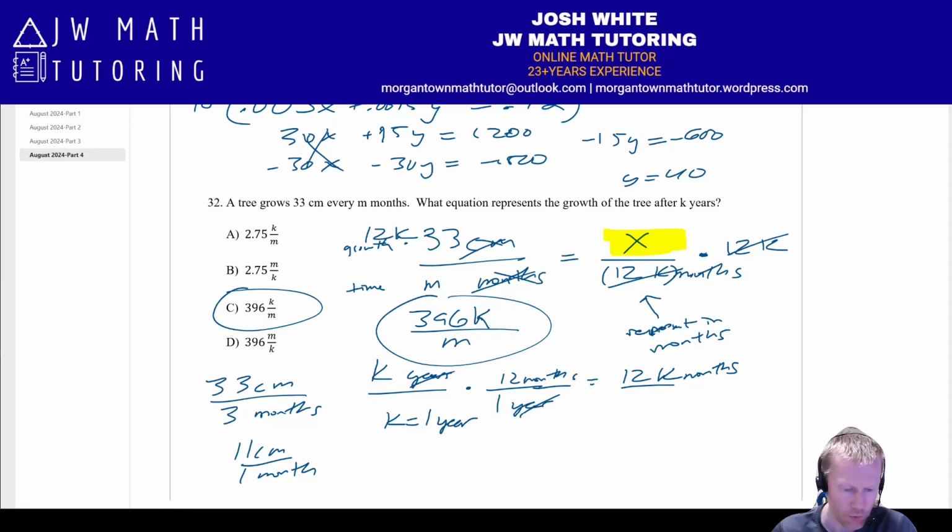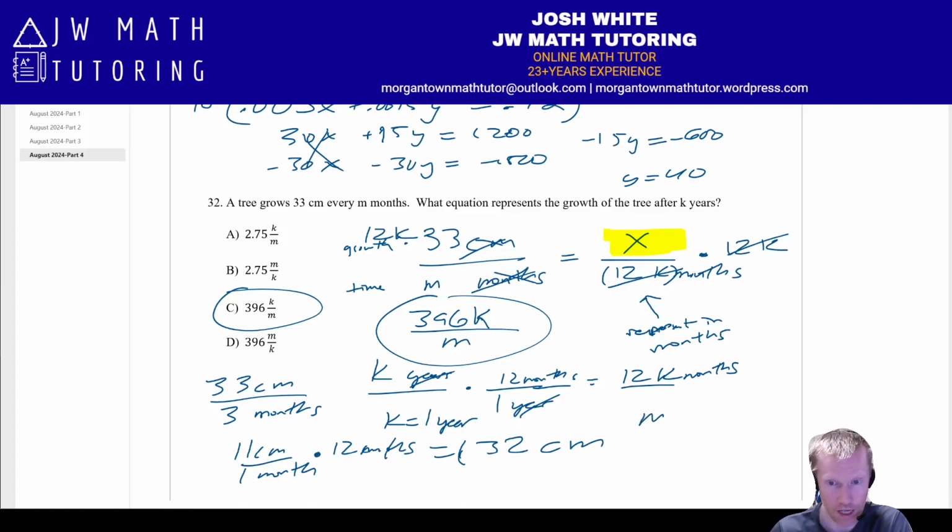So in 1 year, we would expect the tree to grow how much? Well, if it's 11 centimeters per month and 1 year is equal to 12 months, just multiply that. 11 times 12, 132 centimeters is the total growth we would expect over 1 year.